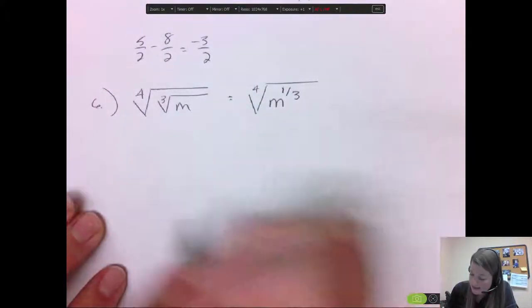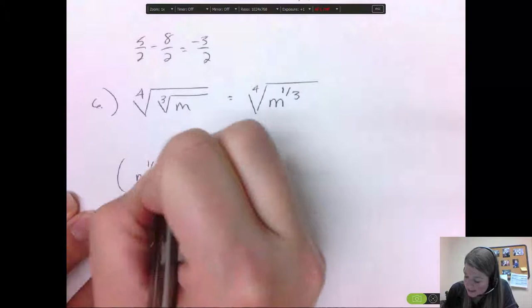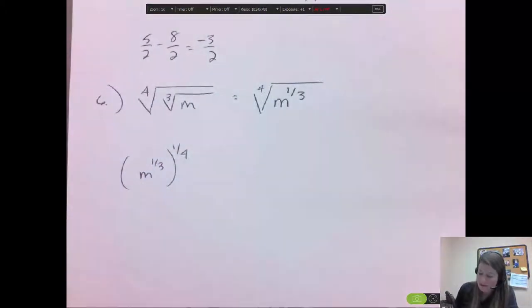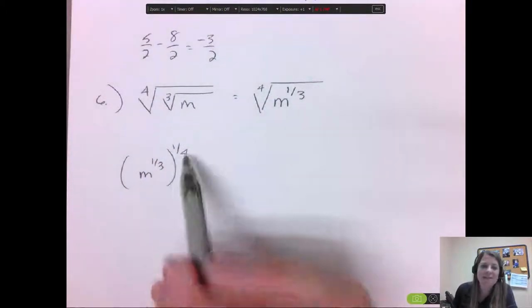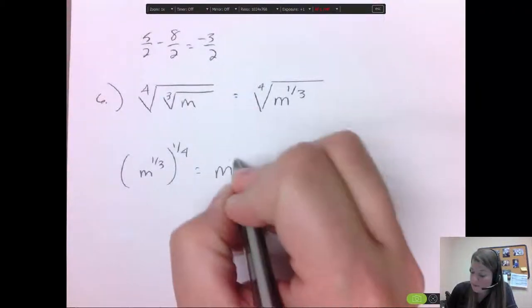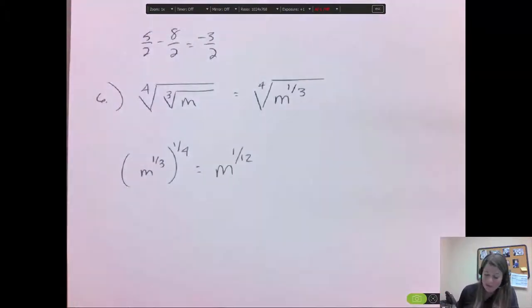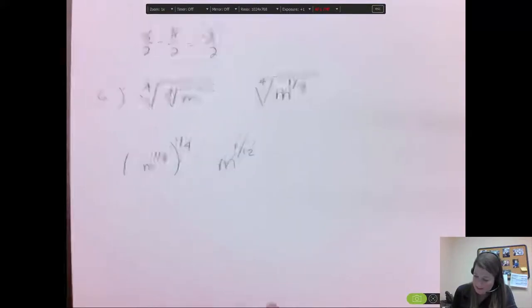So one way to think of that is you're going to have an m to the 3rd, and then the outside is going to be a 4th. Then the rule when it's an exponent to an exponent is you times them. So 1 times 1 is 1, 3 times 4 is 12. So you get m to the 12th. Okay, kind of tricky.